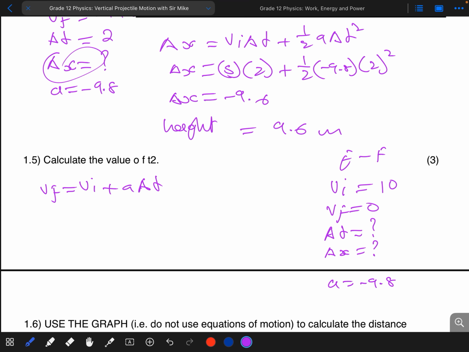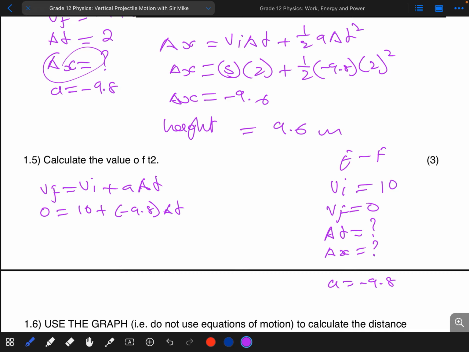Vf will simply be 0. I'm trying to rush, because I don't want to make this the longest video alive. So 0 equals 10 plus negative 9.8 multiplied by delta t.